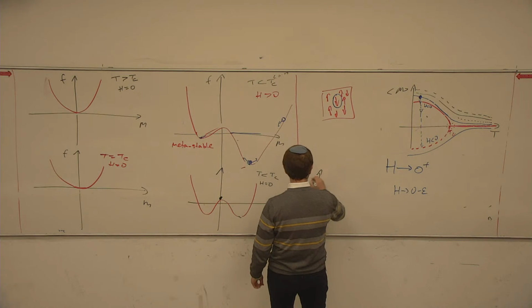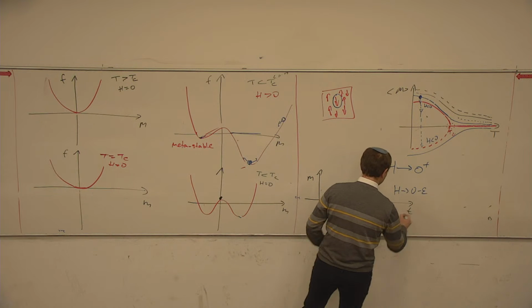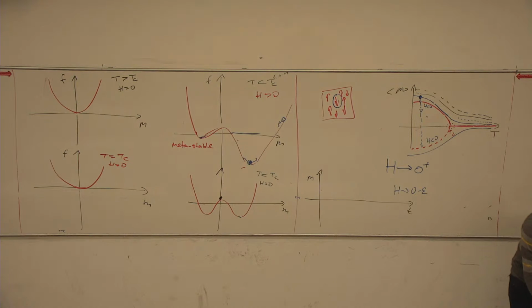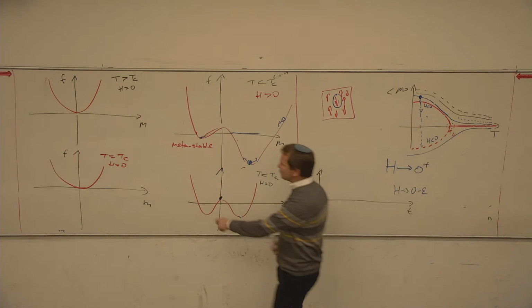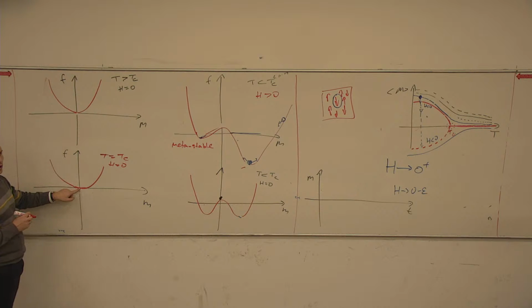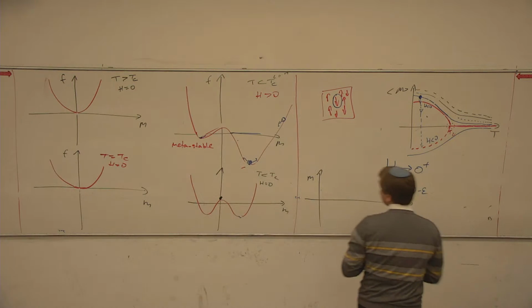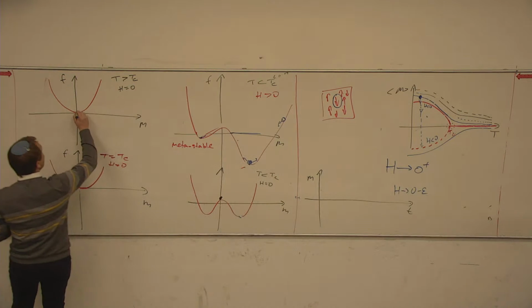If we look at m as a function of time, it was fluctuating. Over here it was at 0. Over here it was at 0. But because the system became a little bit broader, it's less confined. So there were some fluctuations over here. The particle, or the system, was jiggling to the left and to the right.